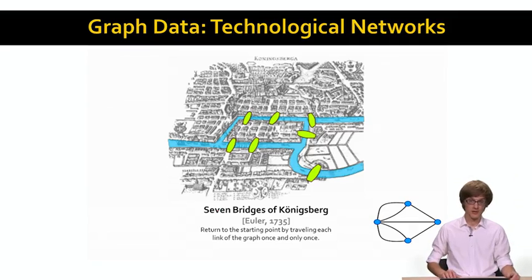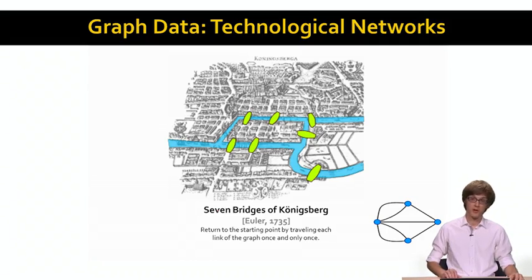Of course, technological networks are also the oldest example of graphs people have been studying. For example, the field of graph theory goes back to the 1700s when Euler posed this problem about the seven bridges of Königsberg, where the idea is that we want to cross and travel each bridge only once. The question is, can that be done?